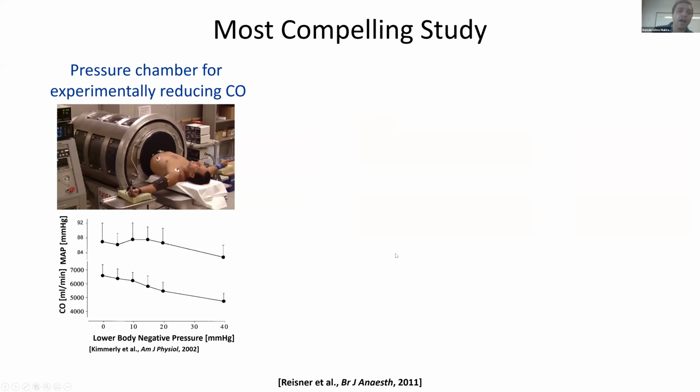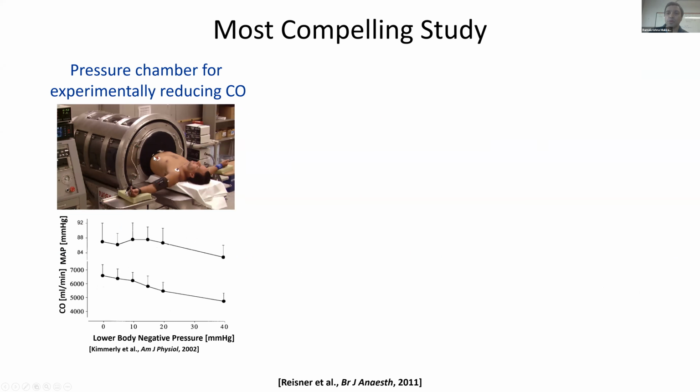So the central hypovolemia study was most compelling. It involved application of a laboratory procedure called lower body negative pressure. In this procedure, negative pressure is applied to the abdomen and lower extremities through a pressure chamber with an airtight seal.